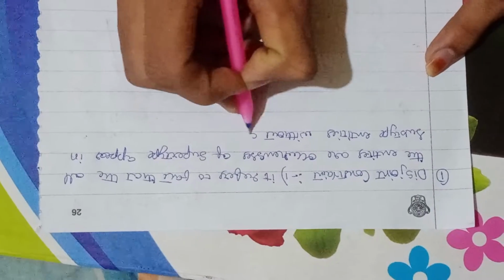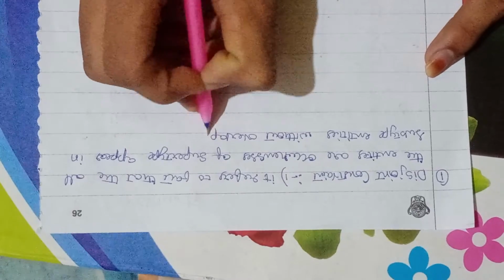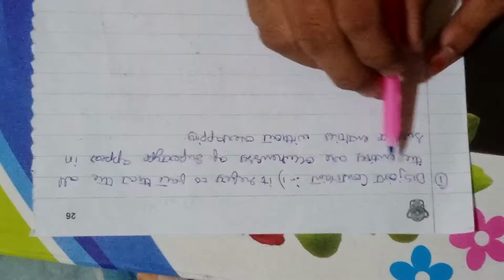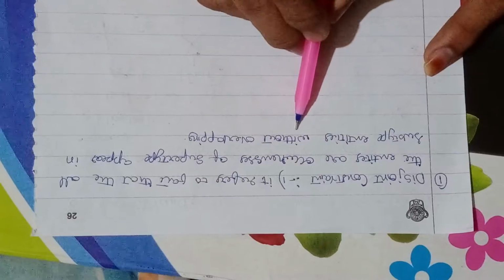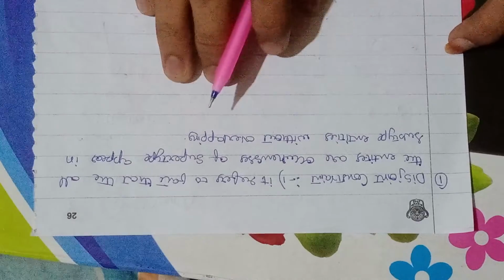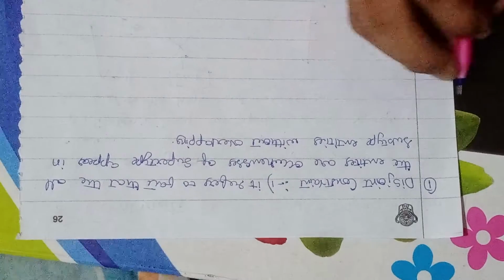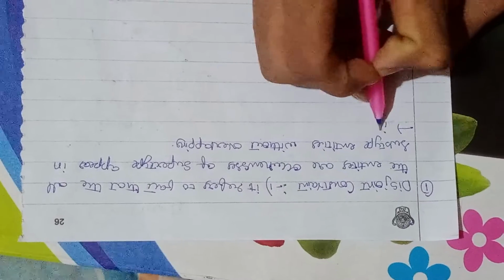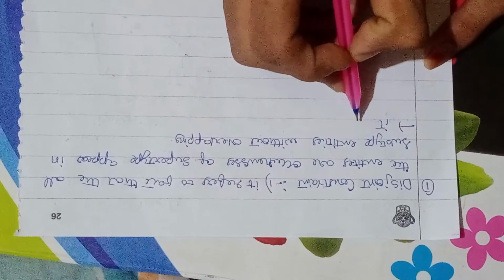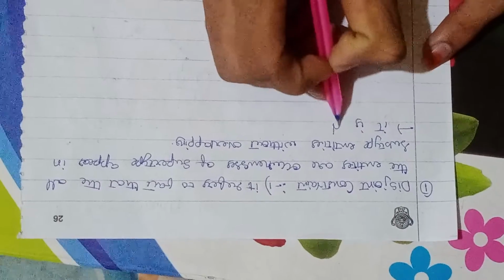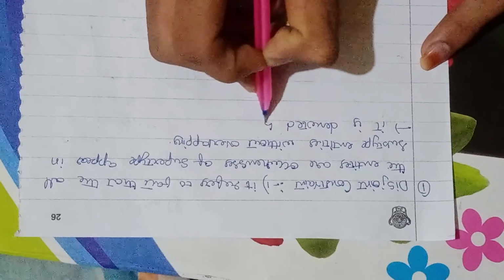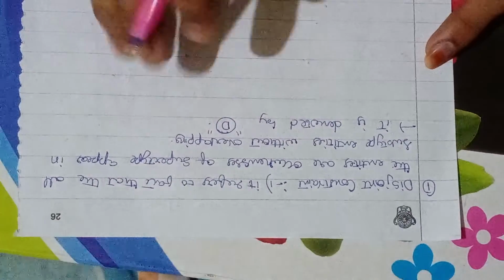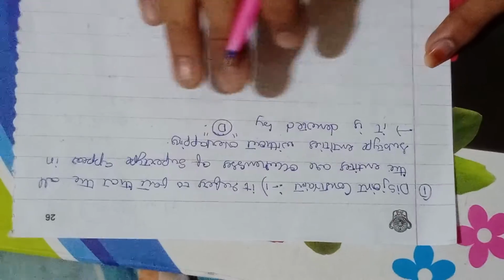Overlapping means any two overlap. In this disjoint constraint, there is no overlapping. It is denoted by a circle with D. It is also known as the non-overlapping constraint.